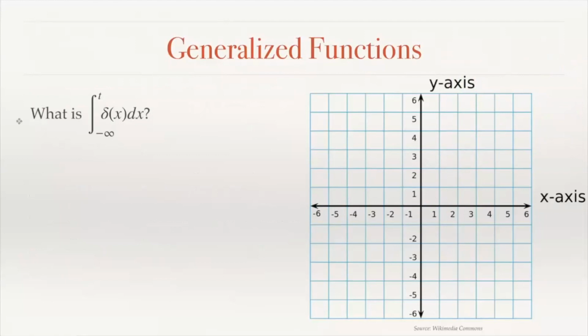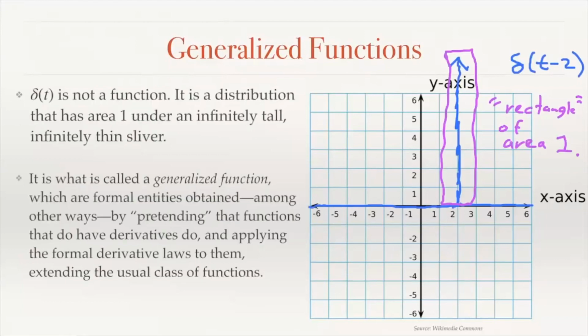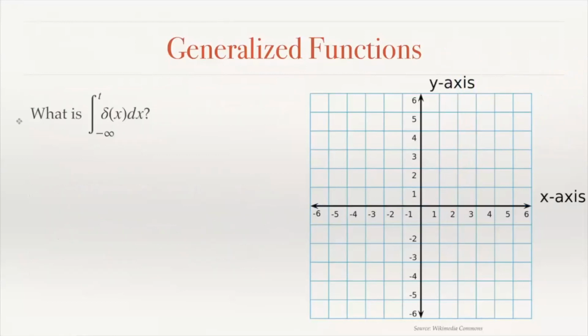Now, what is the integral from negative infinity to t of the Dirac delta function of x? So that was Dirac delta of t, or x minus 2. Dirac delta function of just x. That means it's unshifted. So it looks like this, in which we have area 1 right there.